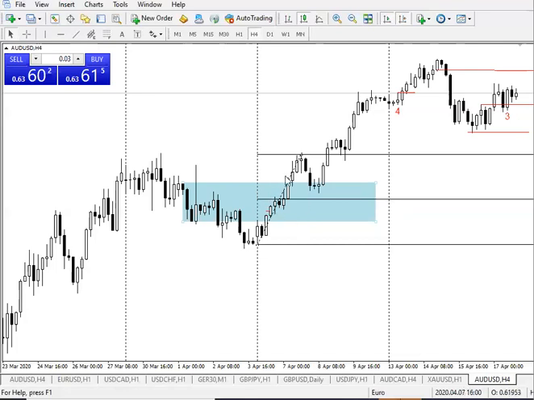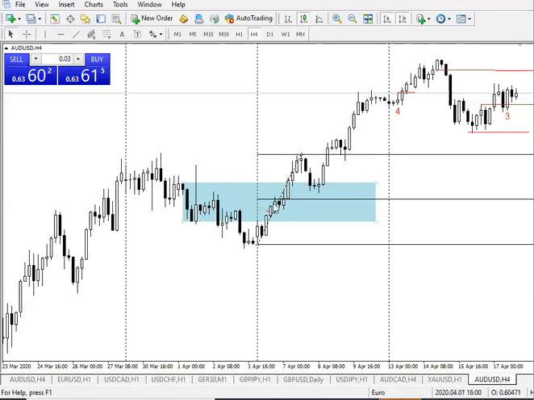After Monday and Tuesday, is it in the upper 50% or lower 50%? It's in the upper. Is it in line with my dollar analysis? Yes, it is. Has it come down to an institutional area? Yes, it's bearish there. It's also some old highs here and here as well.